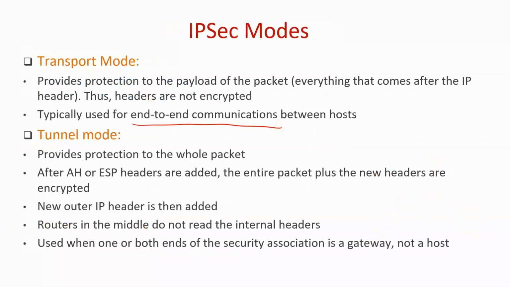If this is your message, this is your payload, and this is the IP header, and the payload obviously includes the transport header as well. The transport mode will provide security services to the payload only. And typically, the security services that are provided in transport mode are authentication and integrity.